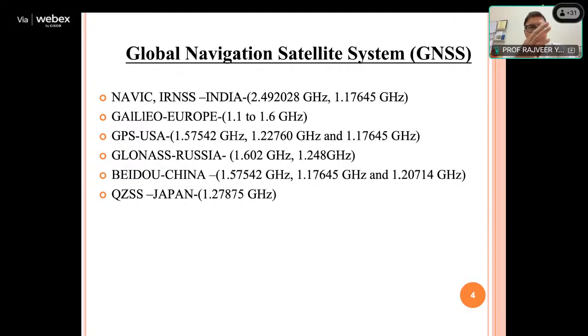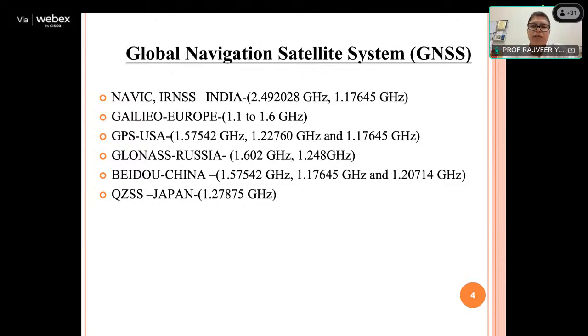The US has, right from the beginning, these three bands: 1575.42 MHz, 1227.60 MHz, and 1176.45 MHz.